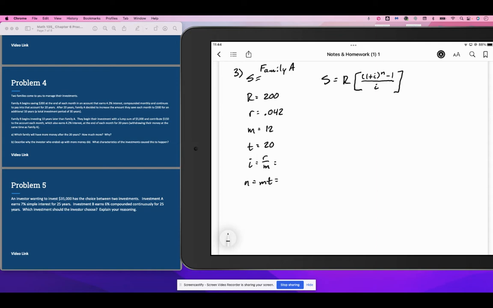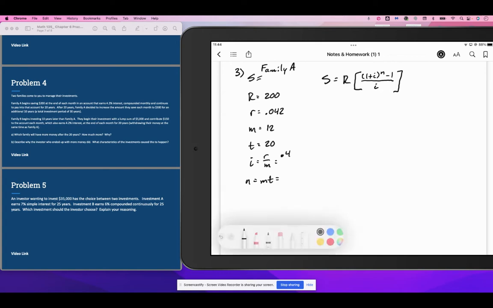So we'll worry about that later. So our R over M is going to be 0.042 over 12. And 12 times 20 is our MT, which is going to be 240. Let's check and see if the 0.042 divides evenly. It does, 0.0035.